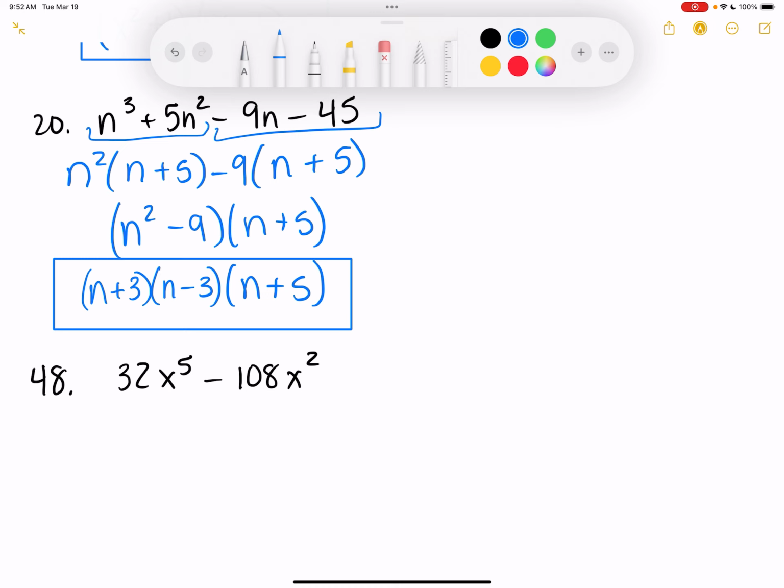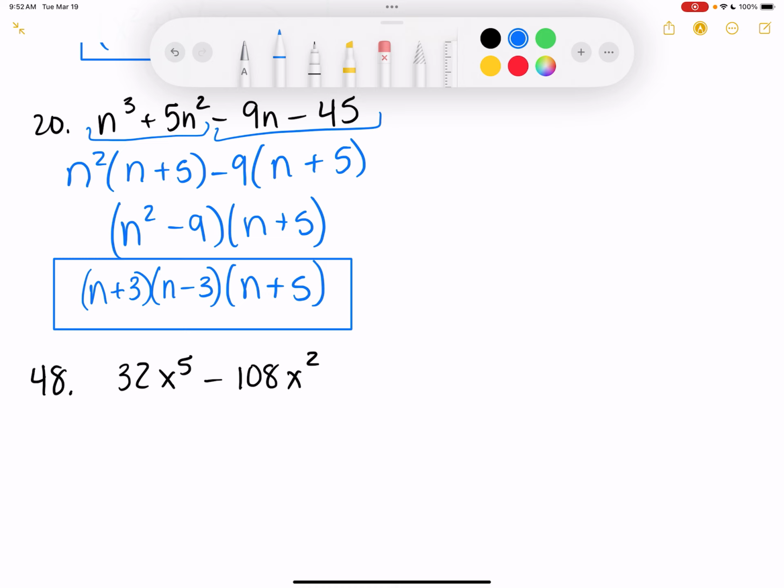See if there's something I can take out. I want to try to take out the biggest thing. So I know 2 will work because both numbers are even. Is there something bigger I can take out? 6. And 4. I don't think 6 works. You think it's 6? Okay, so 4. So let's try 4 and see what happens.